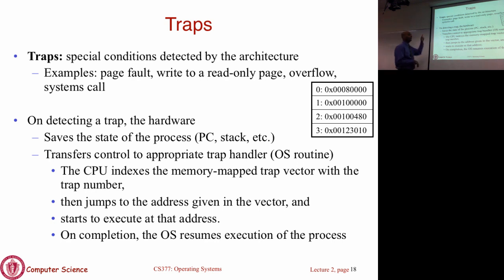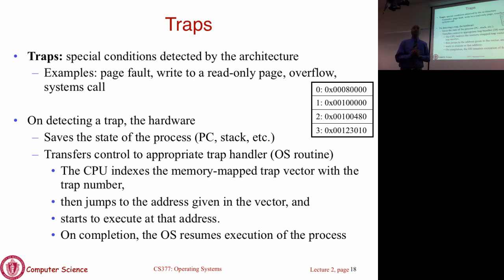Similarly, if you generate a memory address that tries to read a memory location that doesn't lie between the base and limit registers, that's illegal memory access. You're going to raise a trap saying this program is doing something it shouldn't be doing. And there are many other things. If you invoke a system call, that's also going to be a special condition that signals to the OS something has to be done. Okay?